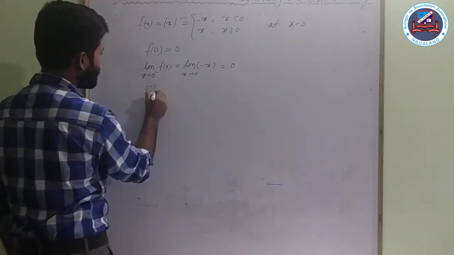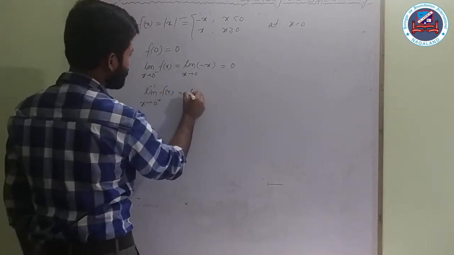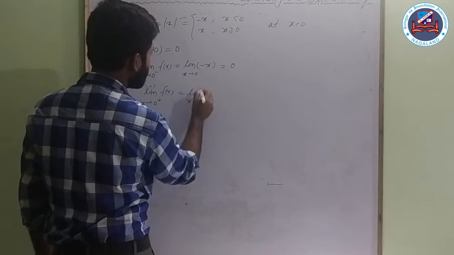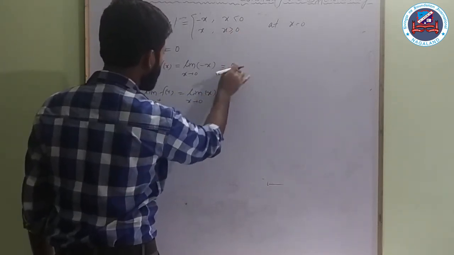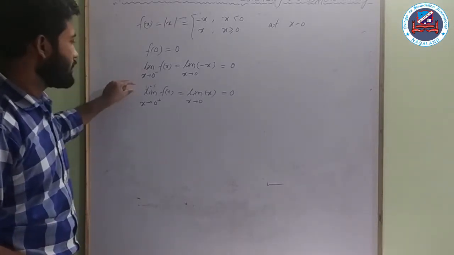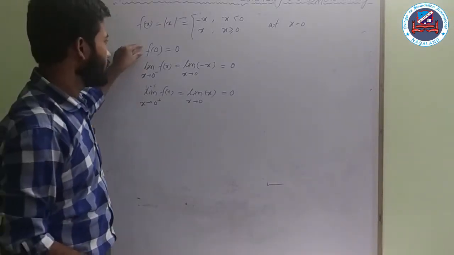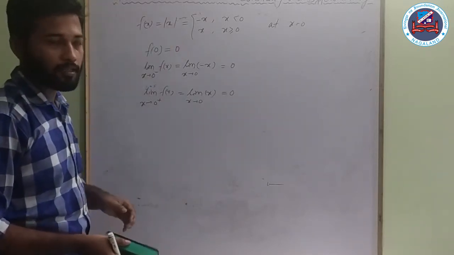Similarly, the right hand limit, x tends to 0 positive f of x, is limit x tends to 0 of x, since greater than 0 means x. Again replace it by 0, so we shall have 0. So the left hand limit is equal to the right hand limit, which is equal to the value of the function. Thus we can say the modulus function is continuous.